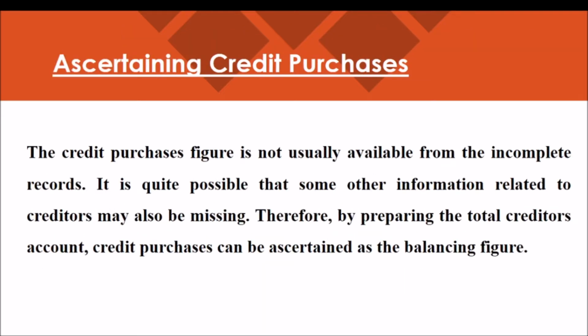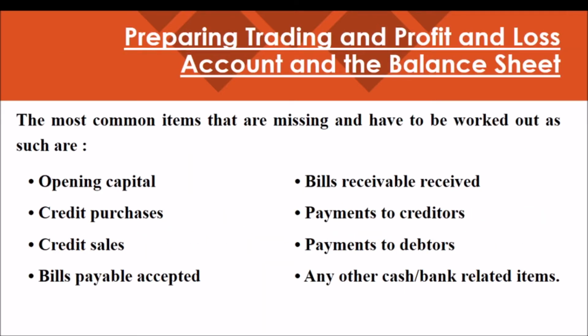So you have to remember the calculation of some items like opening capital, credit purchases, credit sales value, bills payable accepted, bills receivable received, payment to creditors, payment to debtors, any other cash related items.